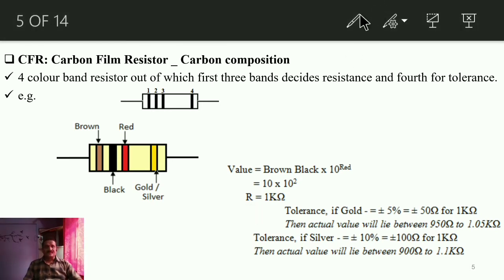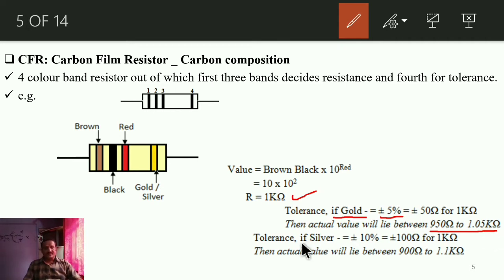Now suppose the tolerance band is of golden color, then as per the chart or table provided, it offers 5% tolerance. That means plus minus 50 ohm for this calculated 1 kilo ohm. So this resistor will be in the range between 950 ohm to 1.05 kilo ohm.